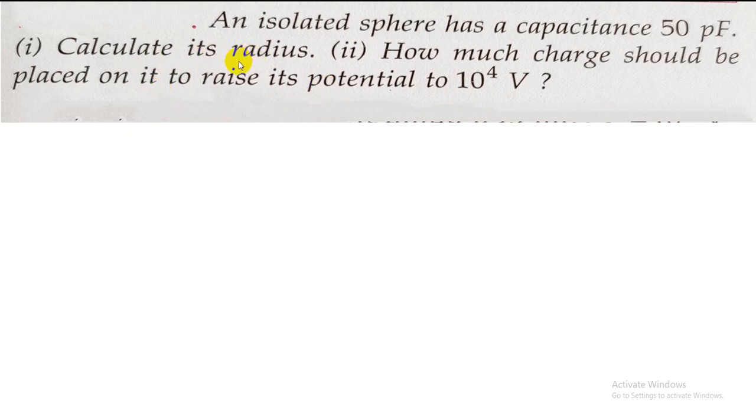Now look at the first part. We need to find the radius. The formula for capacitance of a spherical conductor is C = 4 pi epsilon naught r. The value of C, the capacitance, is given. You have to find the value of the radius r.